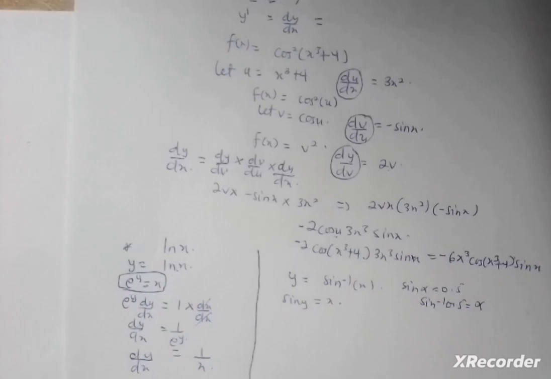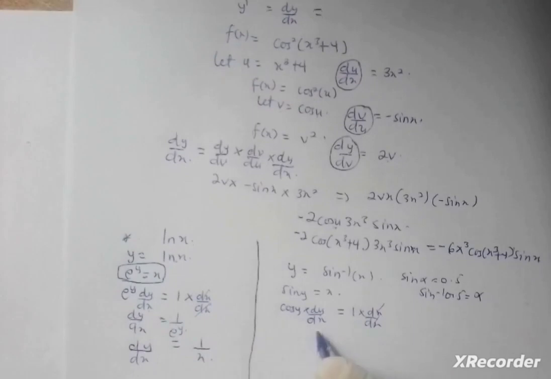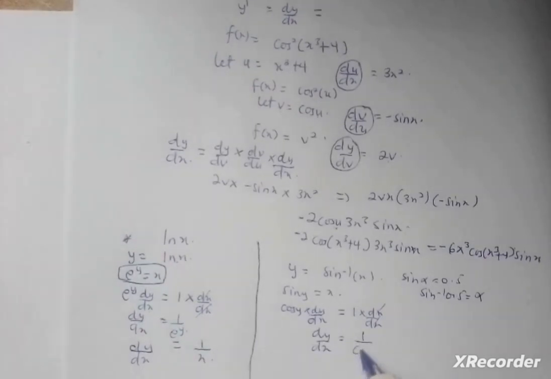Exactly. At this point, I differentiate both sides with respect to what? x. Here, when I differentiate this, I'll get cos y, then you multiply times the dy over the dx because I'm differentiating with respect to x, is equal to x here. I'll differentiate it and I'll get 1 times the dx over the dx, where this will eventually cancel out. Then I'll finally get the dy over the dx to be equal to 1 over cos y.